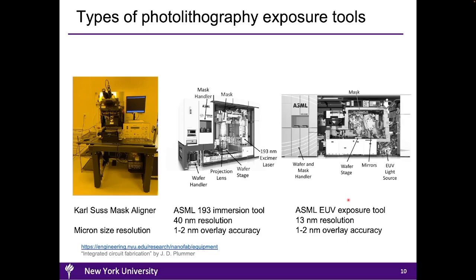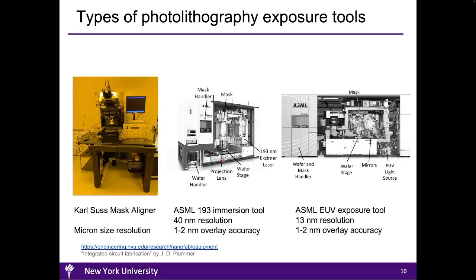The slide here shows photos of three exposure systems. The image on the left shows the mask aligner system that can support hard contact and proximity printing. This type of photolithography system is suited for research settings and can typically provide micron-sized critical dimensions. The image in the middle shows an ASML 193 immersion tool.